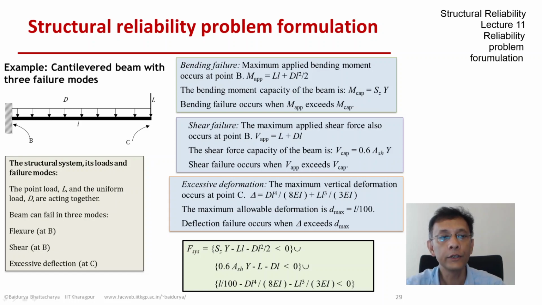So now we are ready to take up the next stage of the analysis, which we will look at in a week or two, in computing the reliability of this structure.